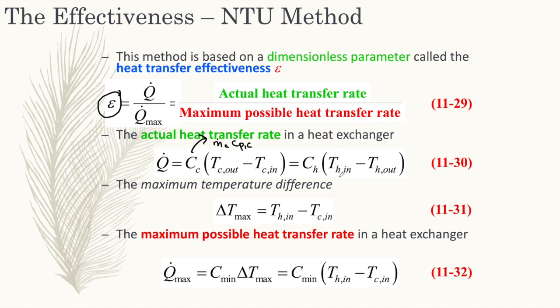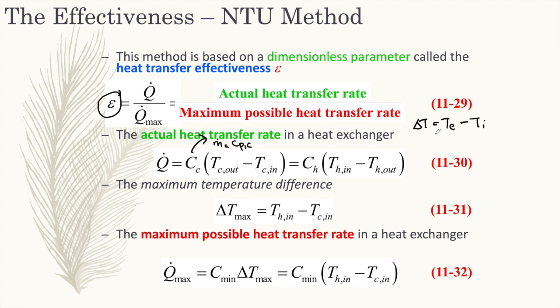I already explained why this equation is rearranged like this. Normally, to find the delta T, the temperature gradient, we subtract the inlet from the exit. But here we have a different arrangement, because TH in is much greater than TH out. That's why the arrangement is a bit different. This equation gives you a positive value.